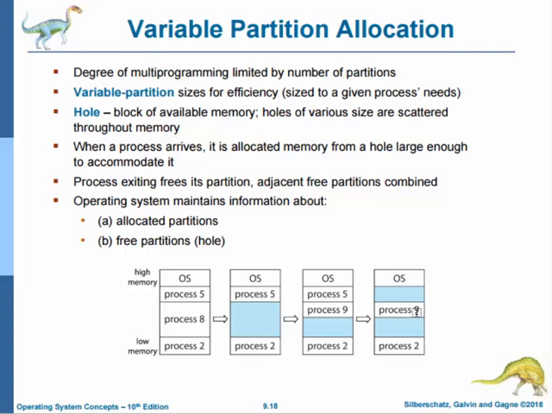As processes enter the system, the operating system takes into account the memory requirements of each process and the amount of available memory space in determining which processes are allocated memory. When a process is allocated space, it is loaded into memory where it can then compete for CPU time. When the process terminates, it releases the memory, which the operating system may then provide to another process.